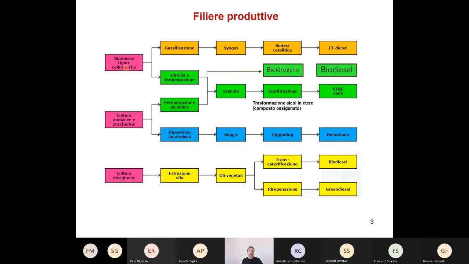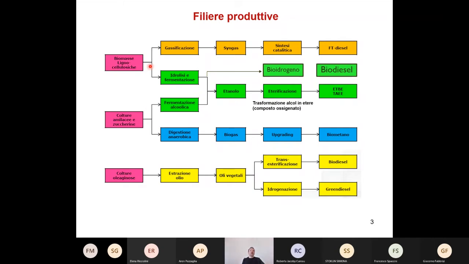You can start from this kind of biomass, and through hydrolysis and fermentation, you can also produce bioethanol from lignocellulosic biomass. It is a more complicated process, because besides hydrolysis and fermentation, you also have to apply a pre-treatment to this biomass to obtain ethanol.